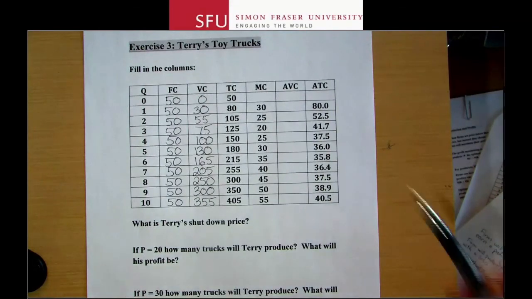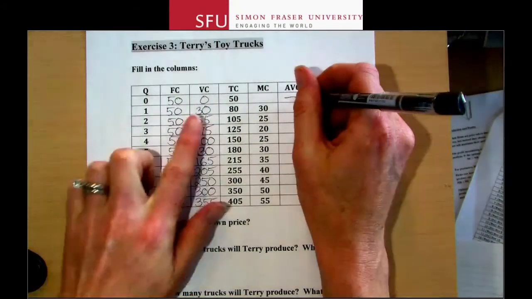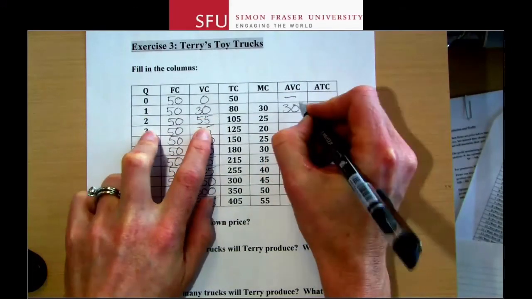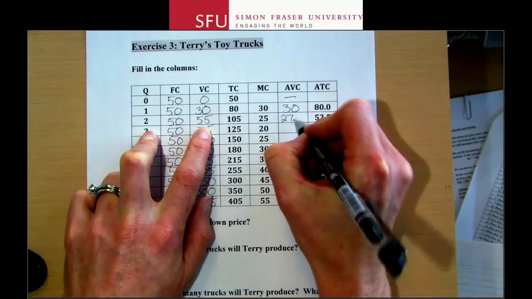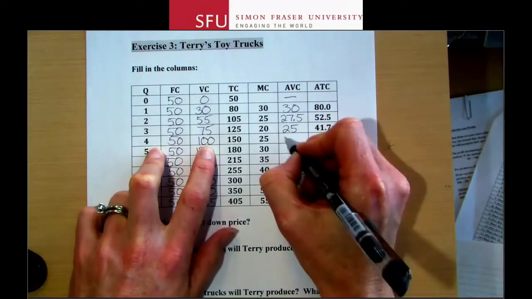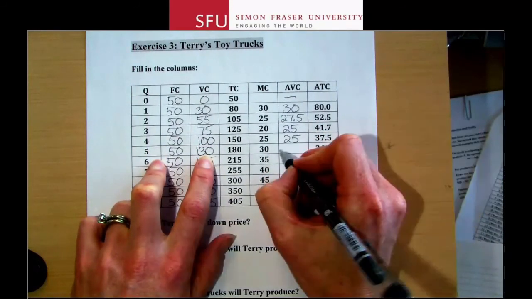Okay, and then average variable cost. All right, so then we take the variable cost divided by the quantity. So let's see, I can do that one. 30 divided by 1, 55 divided by 2. And 30 divided by 5.